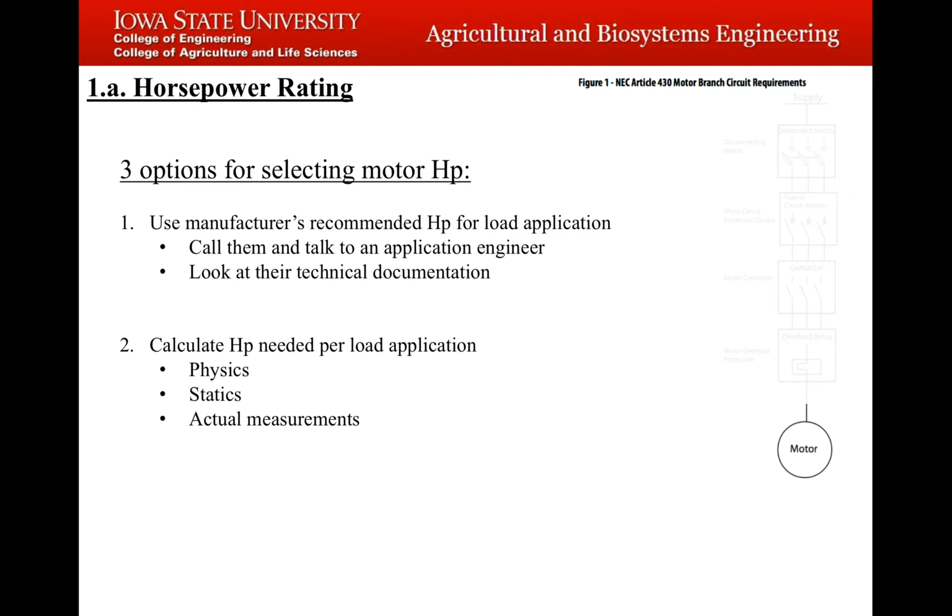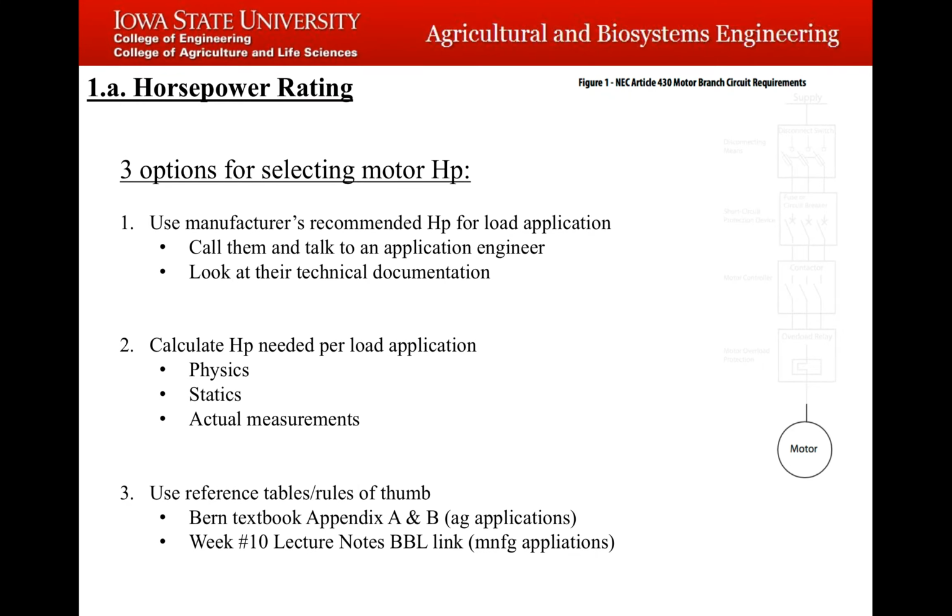Next, we could just calculate horsepower per the load application using physics or statics, or actually going out to the application and measuring the horsepower or the torque needed to move that load. Okay? We can also reference some tables and rules of thumb, and for this, draw your attention to our textbook. Appendix A and B has some very clear and very applicable tables for identifying horsepower for ag applications.